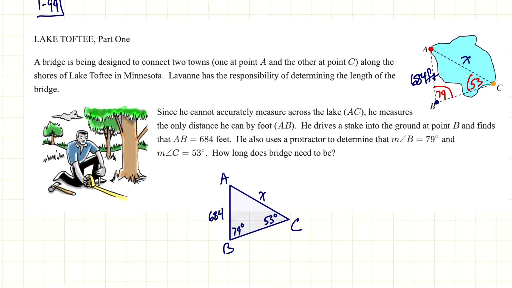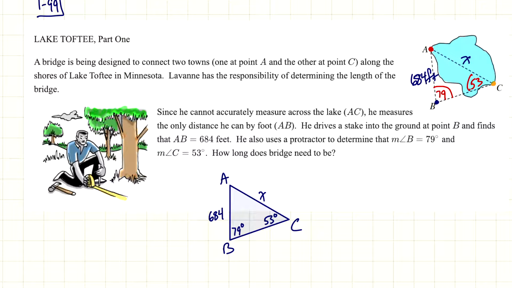So really, the main idea is which tool are you going to use? All right, so go through the list of tools that I talked about. I'll give you a hint. There is no right angle in this triangle. So most likely you're going to be using either law of sines or law of cosines.